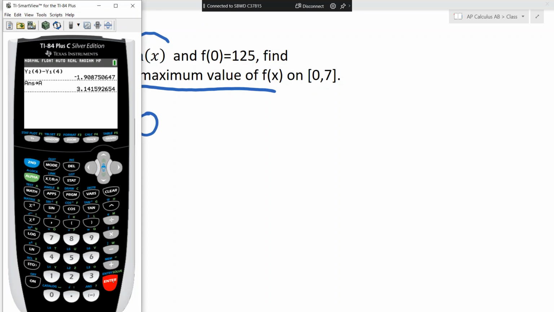Okay? Go ahead and find the second 0. There's 2 zeros on this thing. You can see it from the graph. Find the second one and store that as B. All right?